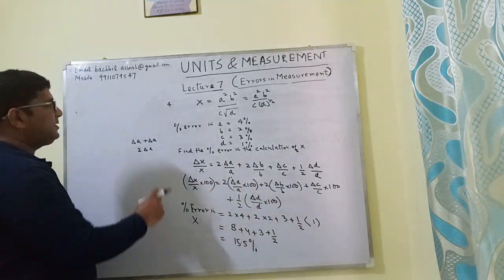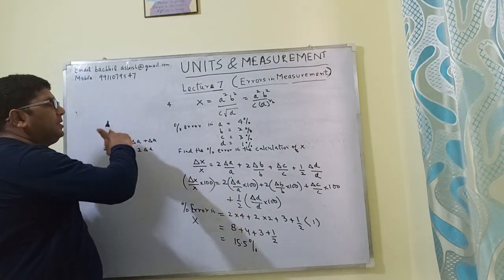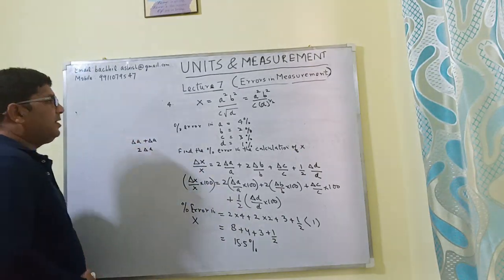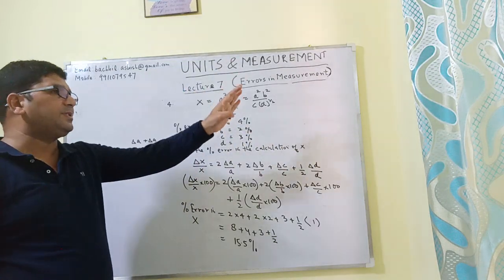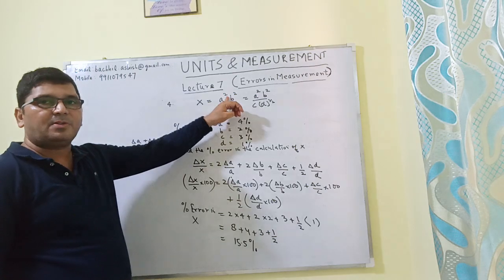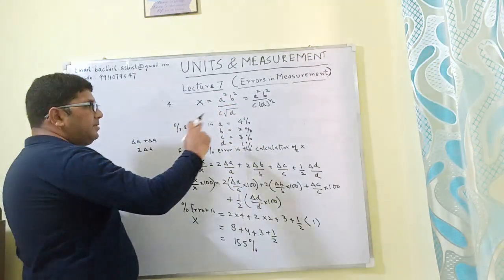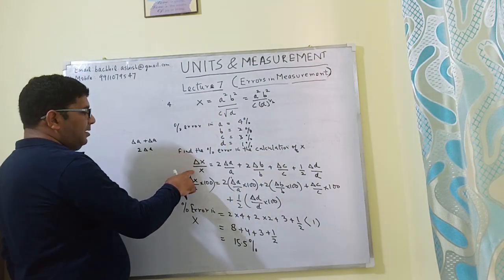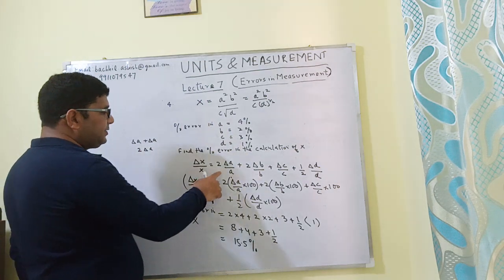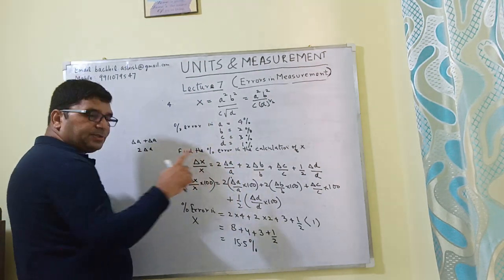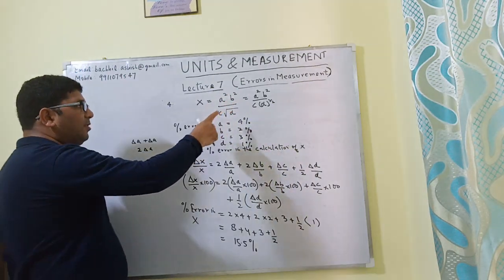So here what we have done is, we have applied the rule which we have studied in lecture number 6. That is, if any physical quantity is dependent on other physical quantities which are raised to some power, then the relative error of the final result is equal to the sum of the relative errors due to the individual physical quantities.